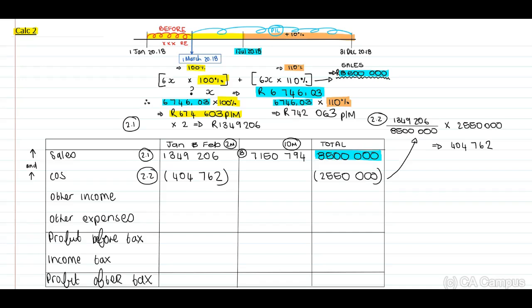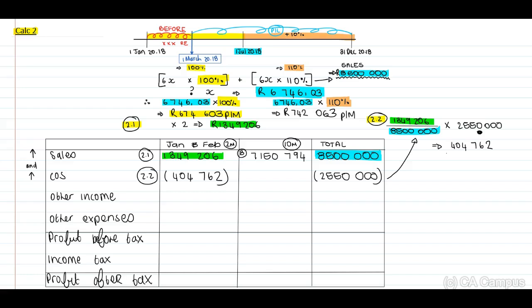I've included calculation 2.2 as we have used 2.1 previously. Calculation 2.2. Remember, I now need to allocate my cost of sales proportionately to the first 2 months and then the last 10 months. Therefore, I will make use of the sales that I have calculated in calculation 2.1. Divide this by the 8.5 million times my 2.5 million cost of sales.